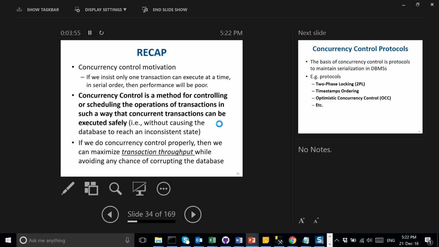The set could have one operation only, somebody reading or writing. Sometimes you have multiple things in the same transaction. So the concurrency control manager needs to schedule and execute those queries in a way that there will be no conflict and no inconsistencies after the execution.